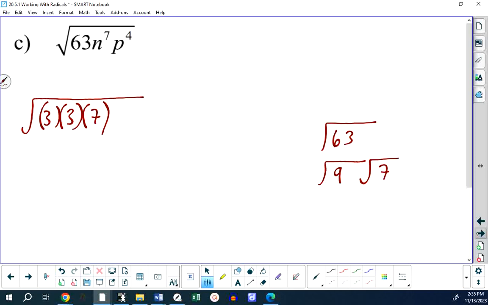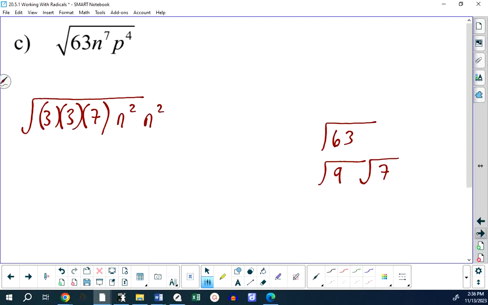Make sure you know how I'm getting that's 63. I'm not going to write n times n times n. Do you agree, if there were an n squared, I could write that as a single n outside? Okay. Is there an n squared in n to the 7? Yeah. Is there another n squared in there? No.